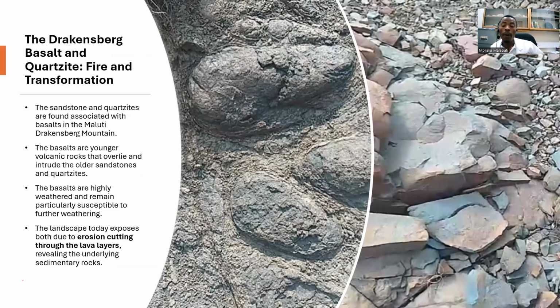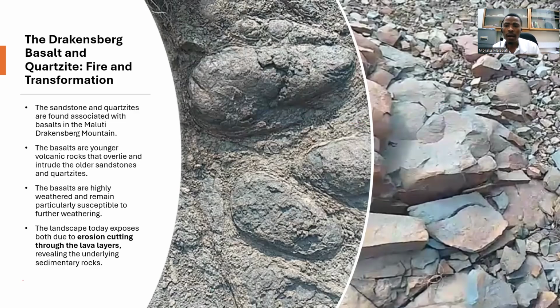We're at the top, seeing the basalt associated with the sandstones, and sometimes we saw the sandstones baked, and it makes sense why they're baked. Remember, these were the sandstones of the Clarens, and then the lava came in, baking those sandstones.